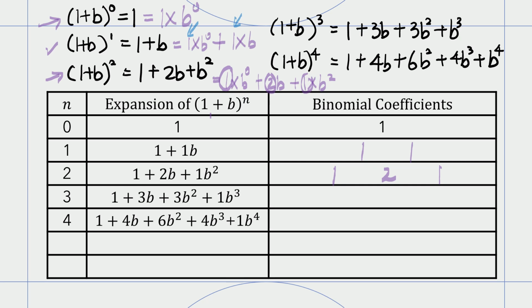Likewise, when n is equal to 3, the coefficients will be 1, 3, 3, 1. And when n is equal to 4, it will be 1, 4, 6, 4, 1.